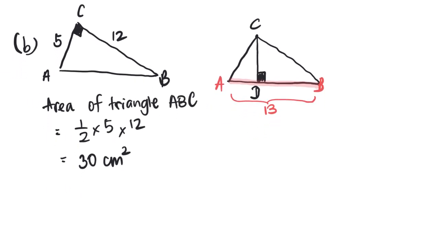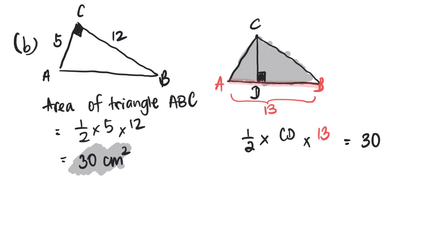Given the same triangle, I now know that the area is 30 cm square, and I got 13 as the base, CD as the height. So I hope you can see that half times CD times 13 is equal to 30 cm square. Same area, because it is the same triangle.